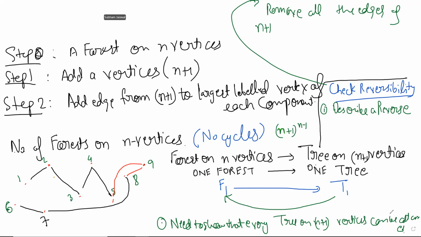Yeah, we have not shown that you can get every tree in this way. And actually, you will not get every tree in this way, right? So something is wrong.